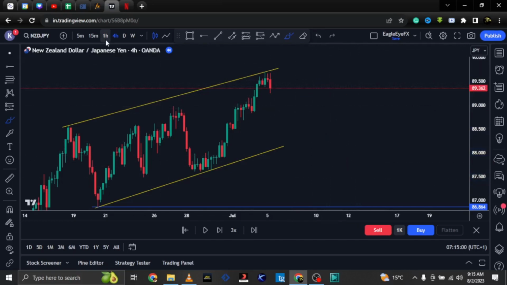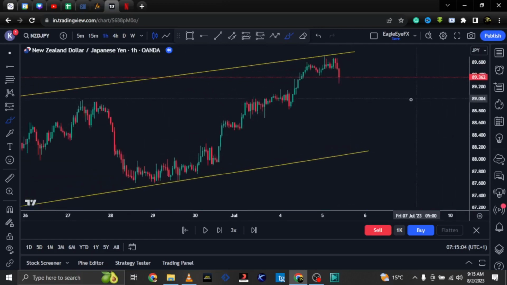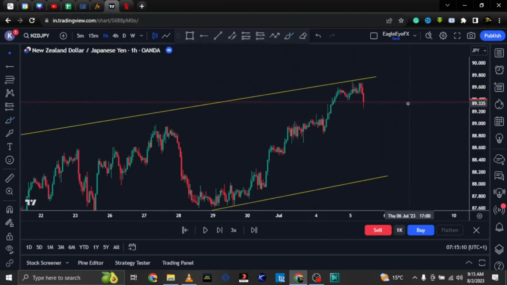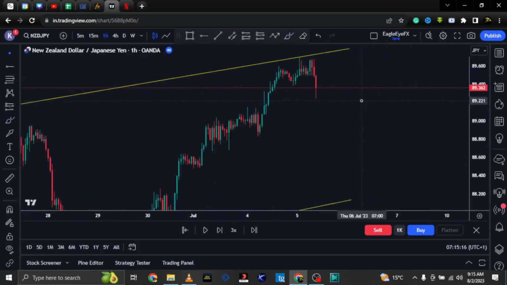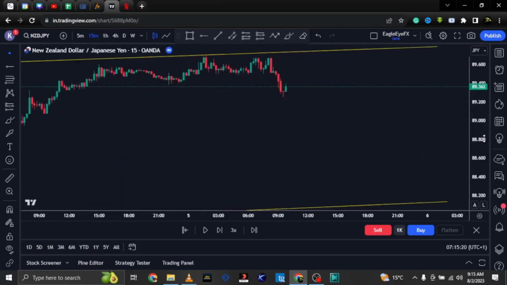All right, so let's go to the 1-hour time frame. We're going to use the 1-hour time frame, and of course we're also going to take advantage of the 15 minutes time frame. But I want you to go and back test this. Make sure you do a lot of back testing on this, so that at least you can understand how it works. The truth of the matter is, let me go to the 15 minutes time frame.